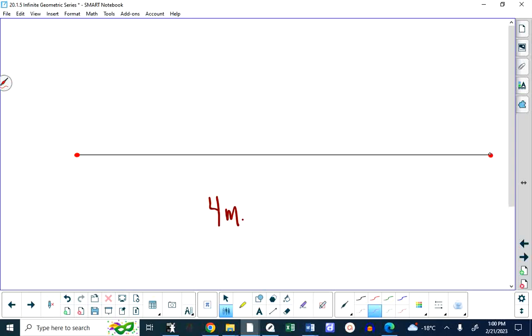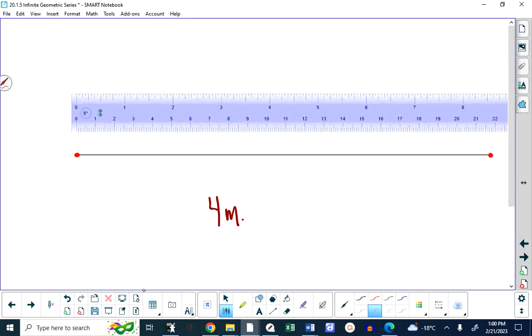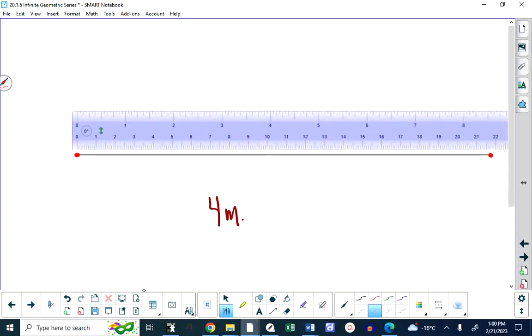And I'm going to imagine that I'm standing at that point on the left and I'm going to walk 2 meters. Well, that would be exactly half. Let me get my ruler out. It doesn't have to be perfect, but I do want a decent job done. What am I looking at here? 21.7.